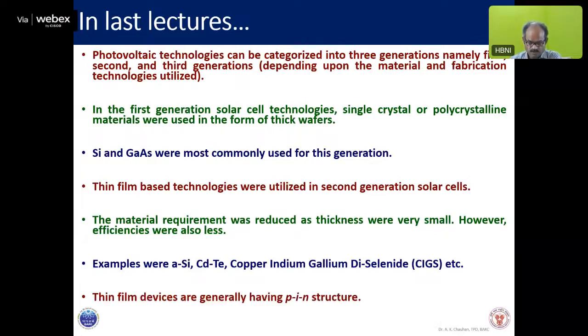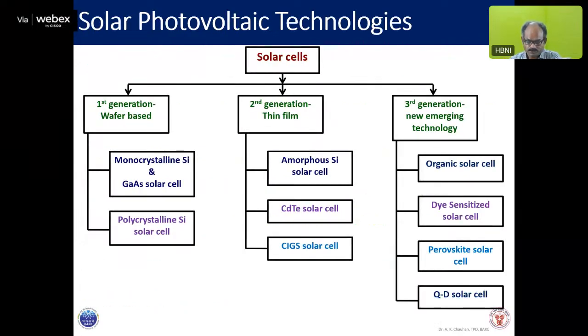And the thin film devices generally have a P-I-N structure, meaning one side is a P-type semiconductor, a very thin layer, the other side is an N-type semiconductor, a very thin layer, and in between you have an intrinsic semiconductor. So that is the first generation, and the second generation we have covered.